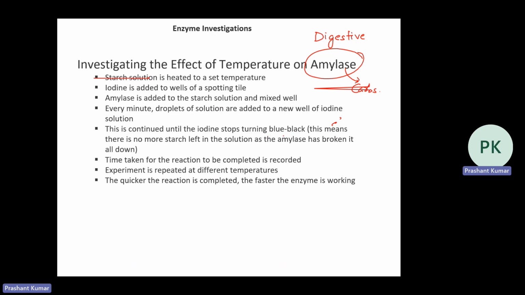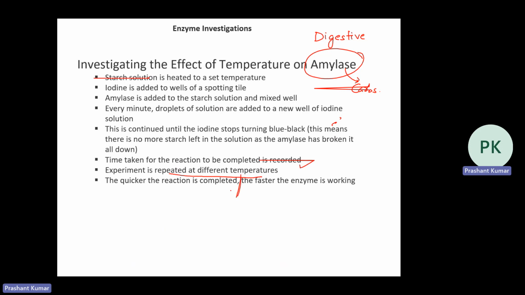That means we are confirming that there is no starch left in the solution, as the amylase has broken down all the starch into glucose. Now, the time taken for the reaction to be completed is recorded. So we have to keep on checking how much time the solution takes to stop turning blue-black. The experiment is repeated at different temperatures.